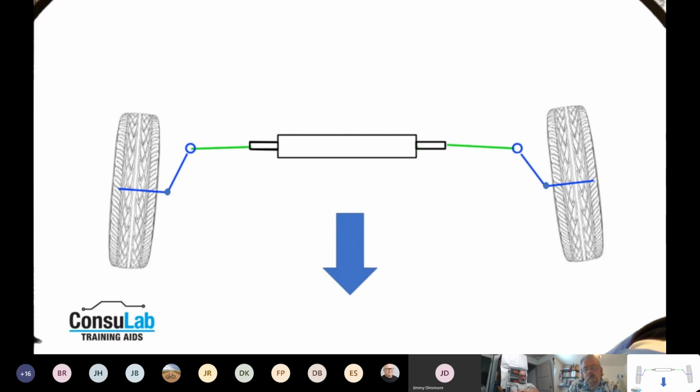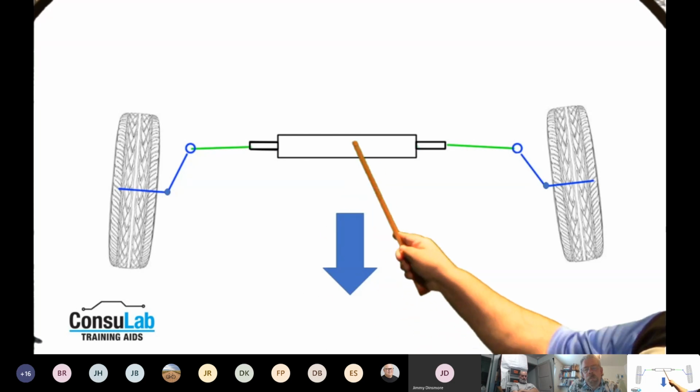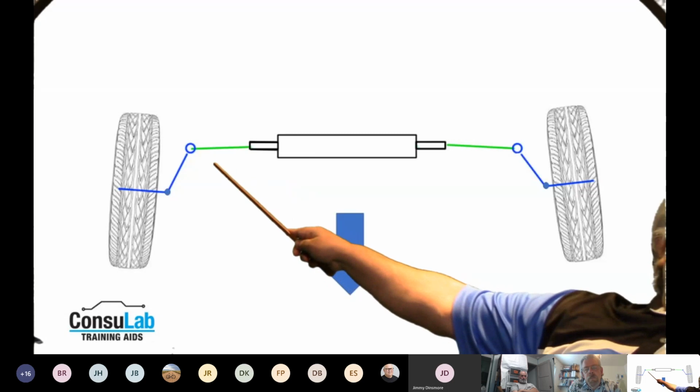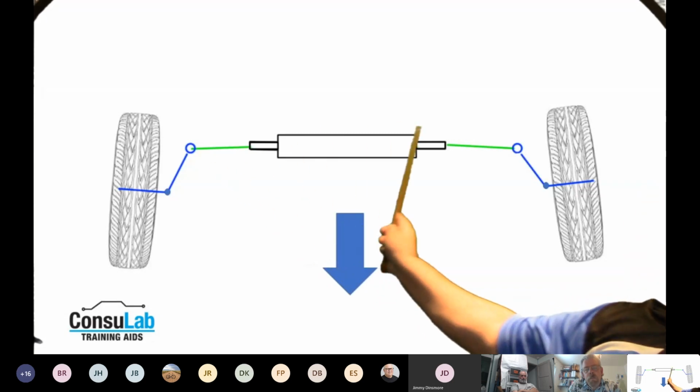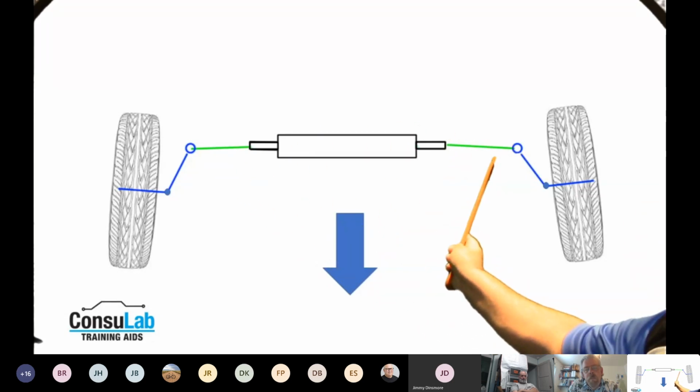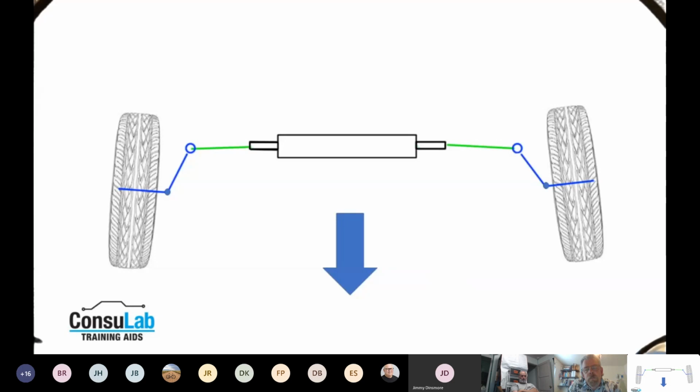That will make sure that any other angles that are introduced as we work on this, because as you steer this, there's going to be an angle created there and an angle created here. So having different length tie rod ends, like severely different tie rod lengths, is actually going to cause this measurement to not be right.